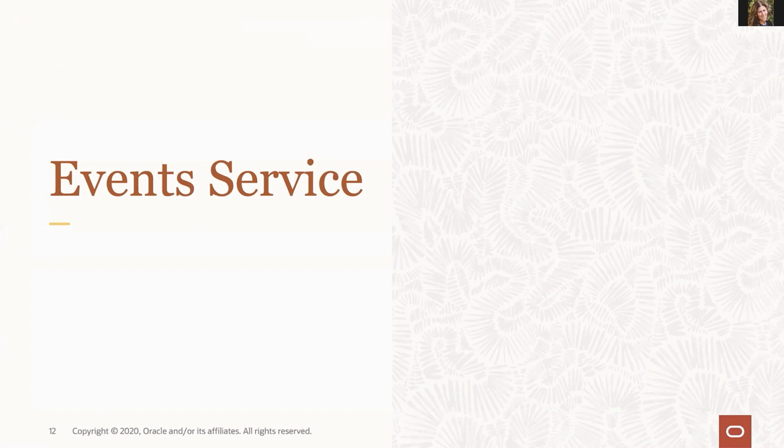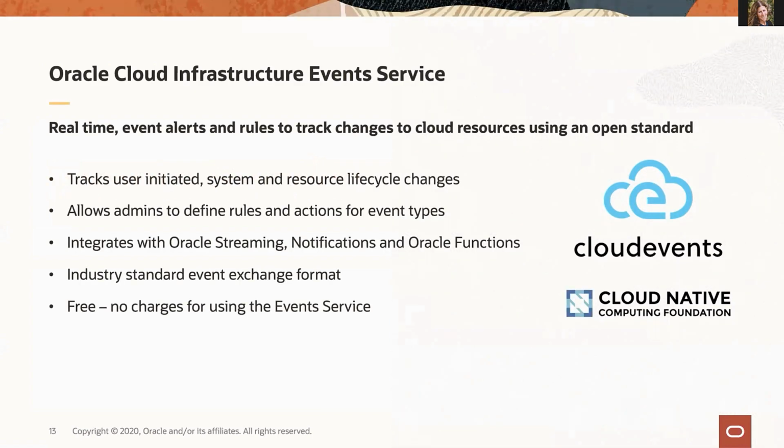So we talked about functions, and we talked about the services that can trigger your function, right? Let's talk about the Events service that can trigger your function in OCI. Events allow you to respond to cloud services' lifecycle events. So, for example, you have a VM or a database that is being created. That's an event.